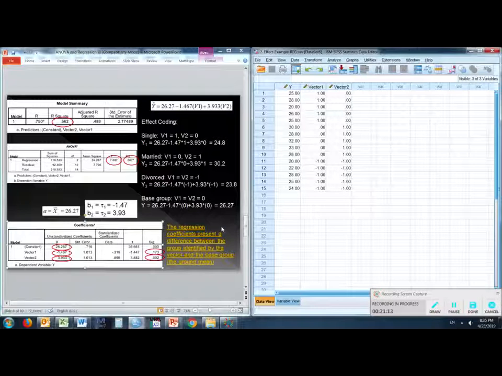Therefore, if you use effect coding, you will have regression coefficients that represent a difference between the group identified by that vector and the base group, and this base group is the grand mean or the general population. That's why we need both dummy coding and effect coding.